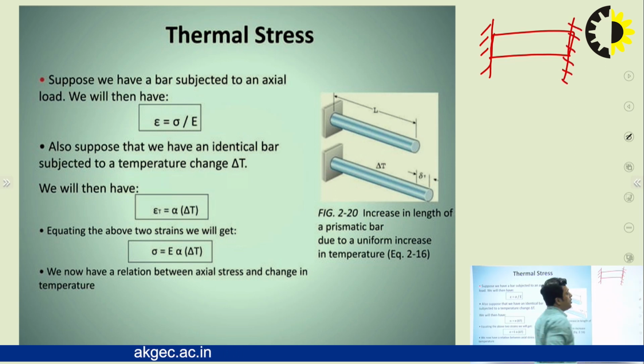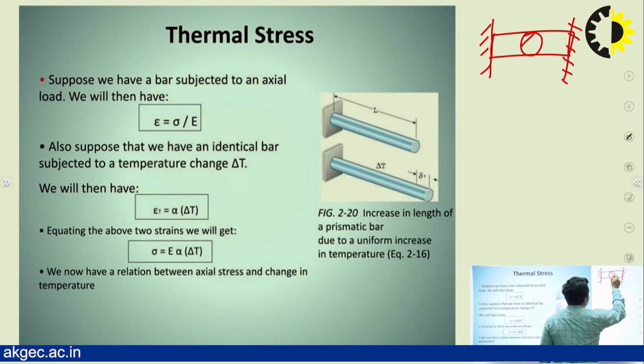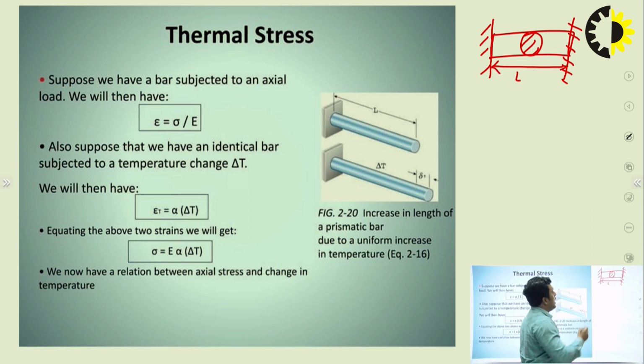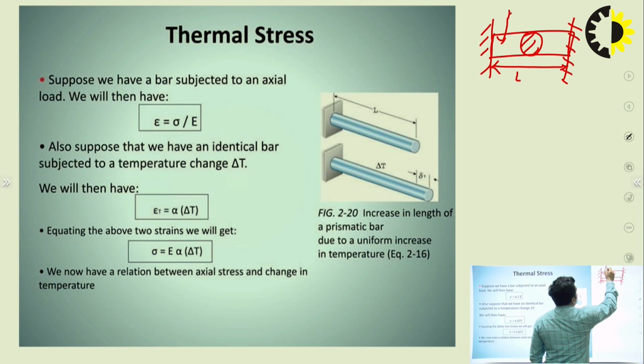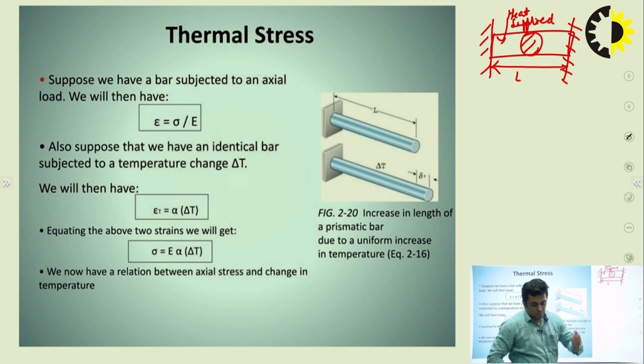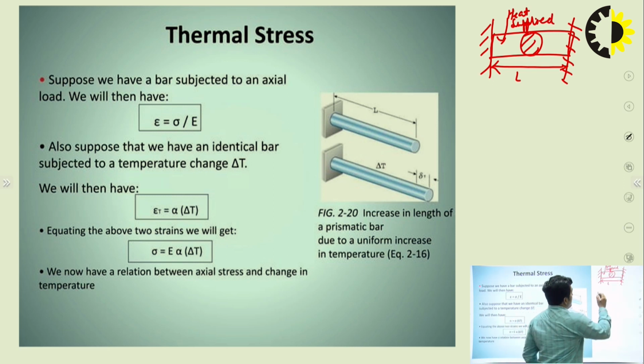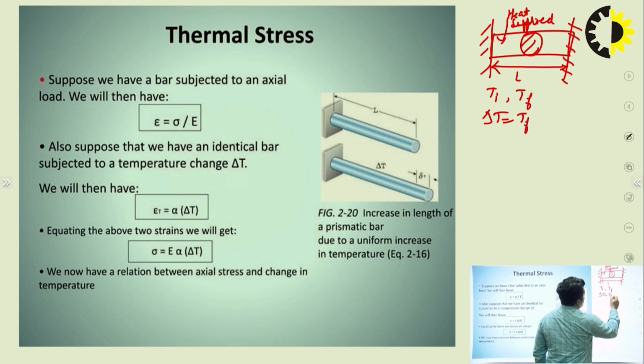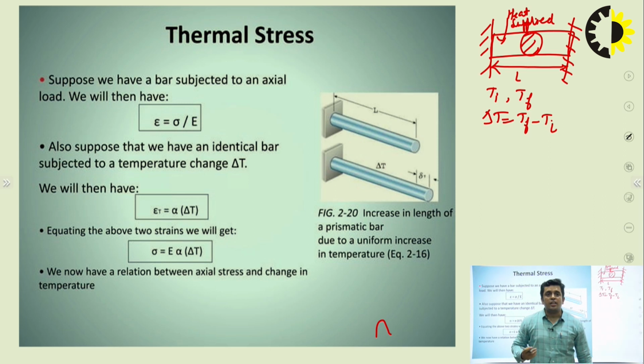The cross section is circular in nature, the length is L, and we are supplying heat, meaning a change in temperature is being supplied. If the initial temperature is Ti and the final temperature is Tf, then delta T will be equal to Tf minus Ti.